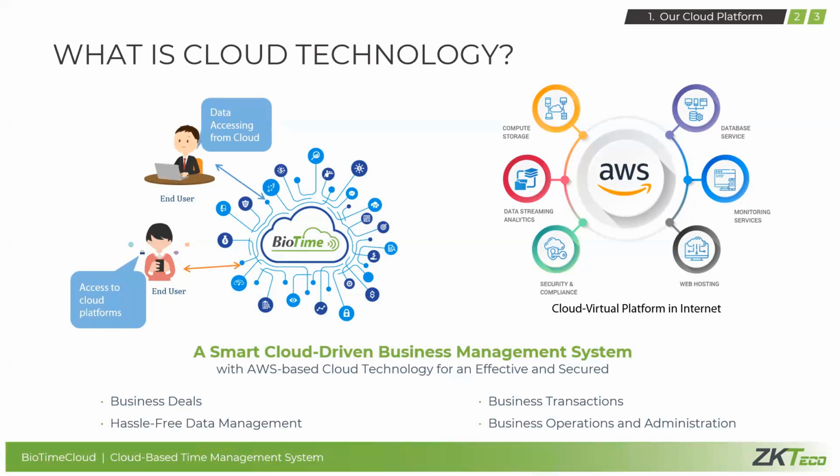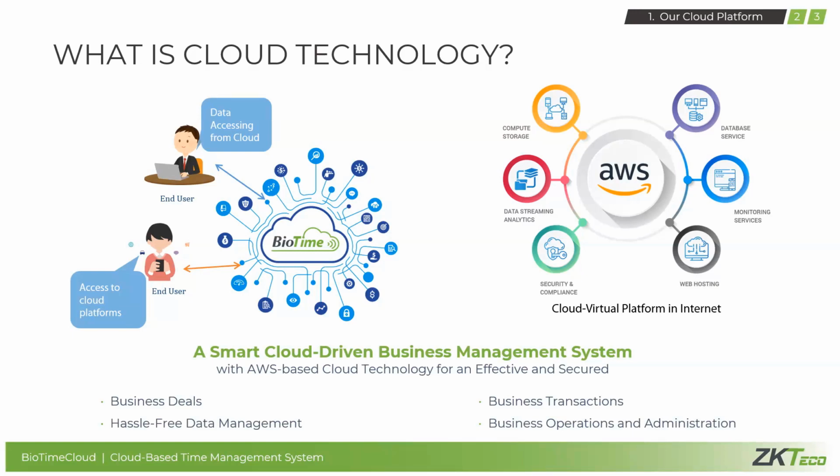So what is cloud technology? It is a smart cloud-driven management system, powered by AWS cloud technology for effective and secured communication. In AWS, we know the features like cloud, virtual platform, and internet. It offers cloud computing, storage, database services, monitoring services, web hosting, security and compliance, data streaming, and analytics.